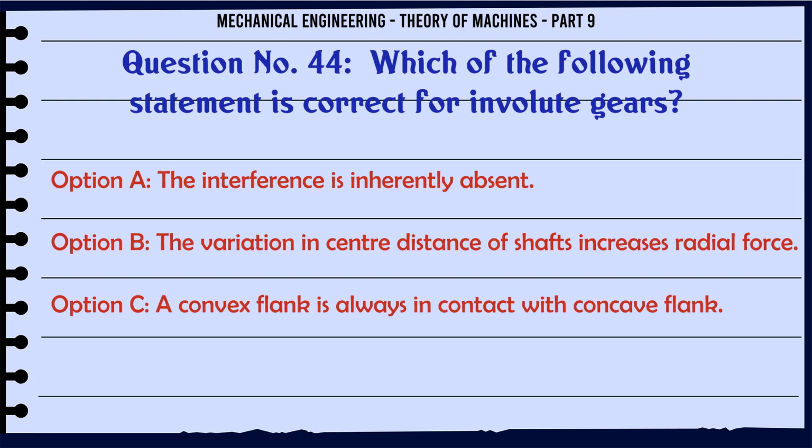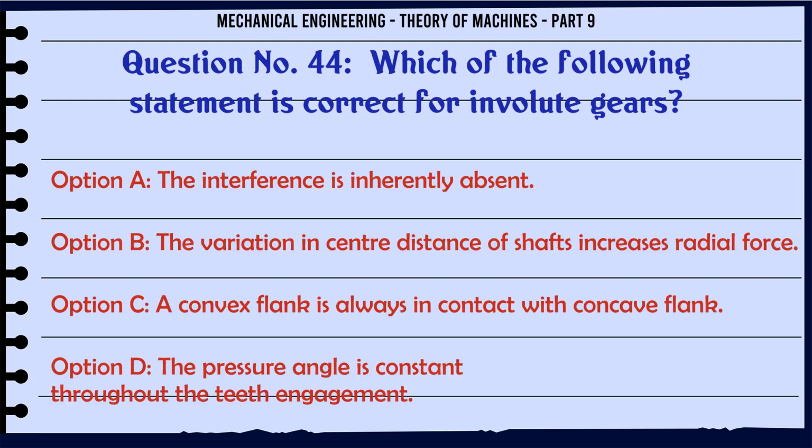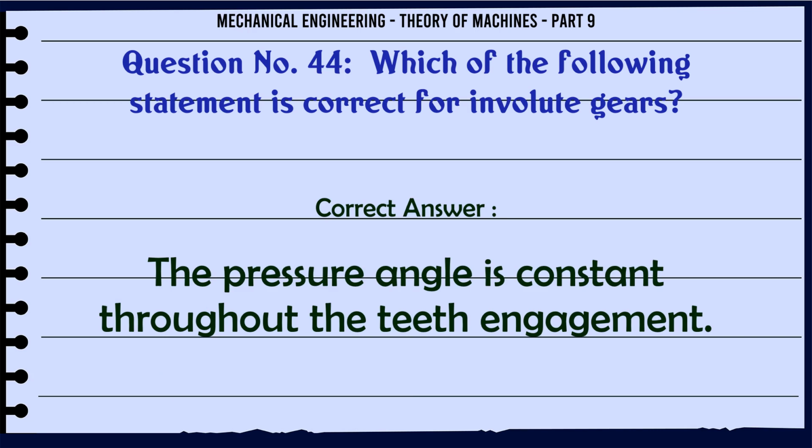A. The interference is inherently absent. B. The variation in center distance of shafts increases radial force. C. A convex flank is always in contact with concave flank. D. The pressure angle is constant throughout the teeth engagement. The correct answer is the pressure angle is constant throughout the teeth engagement.